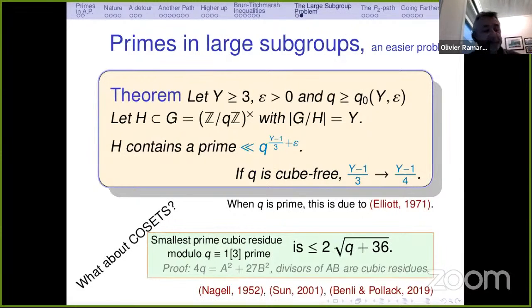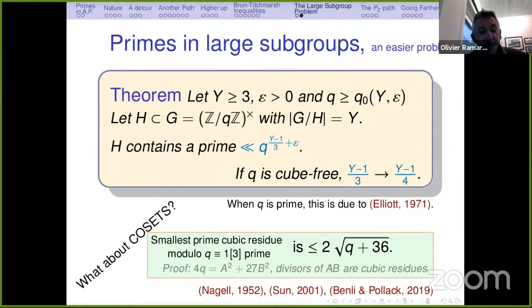Priyamvad, by adapting some work of Elliott, managed to prove that if you look not at cosets but at subgroups, every subgroup contains a prime less than q to the (y minus 1) by 3, where y is the index of the subgroup. So for y equal to 5, 5 minus 1 is 4, and you have 4/3. If q is cube free, you have something better with the Burgess inequality.